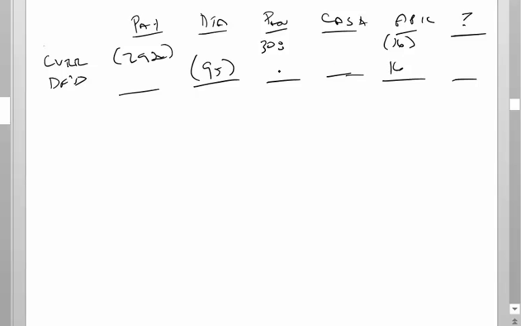So my deferreds have to move by 75 and 18. That's 95. APIC has to move by 16. I got that. Provision has to move by 79.